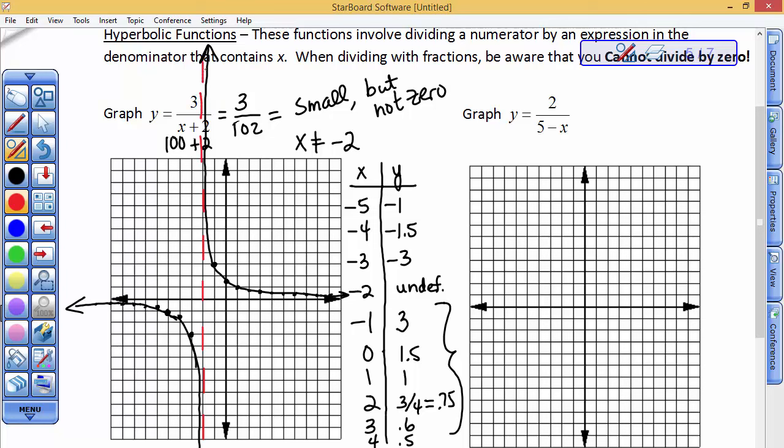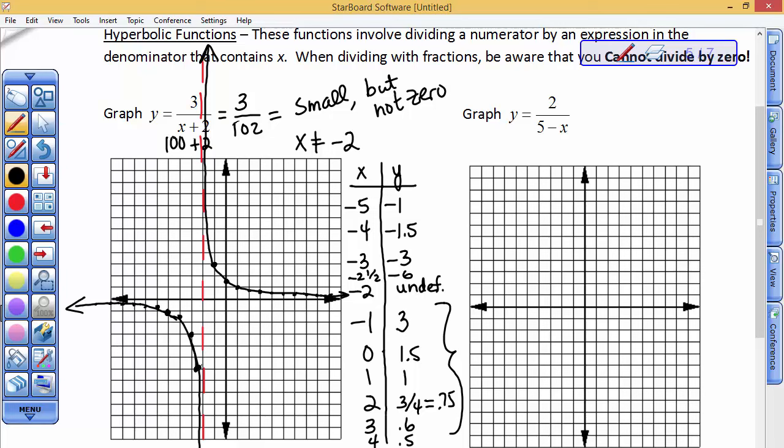The reason why this would keep going is surrounded in this area, we could try a value like a -2.5. And if I put a -2.5 into this equation, I'd get a -6 for an answer. So at a -2.5, I'd come down right here to a -6. And I'd keep using fractions to get that.